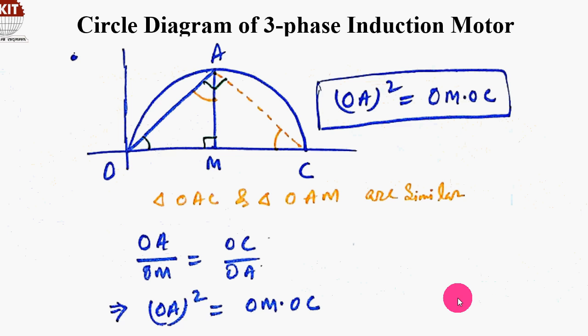Now we'll use a very important concept here from geometry. As we know, in a circle, if you draw a chord like this, that is OA, and this is the diameter of the circle, and from this point A you draw a perpendicular to the diameter, then this length OA square can be given by this length OM times OC.